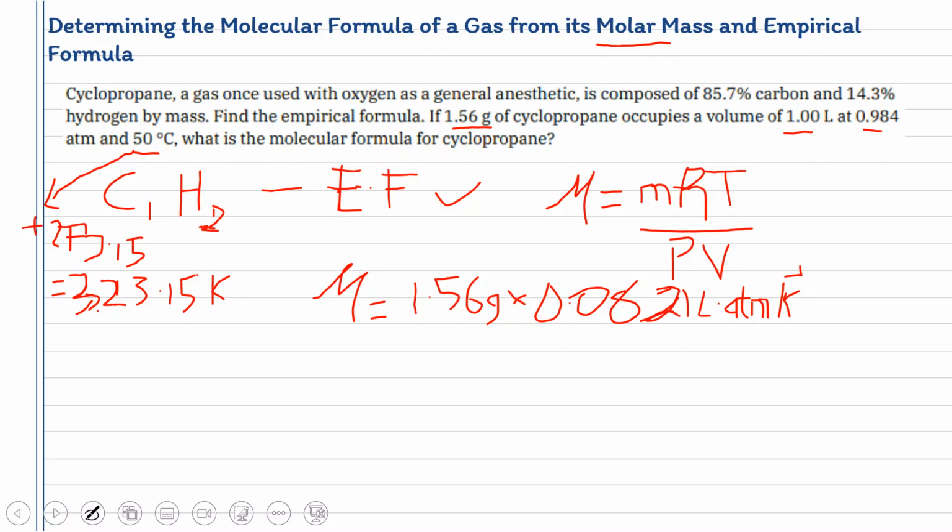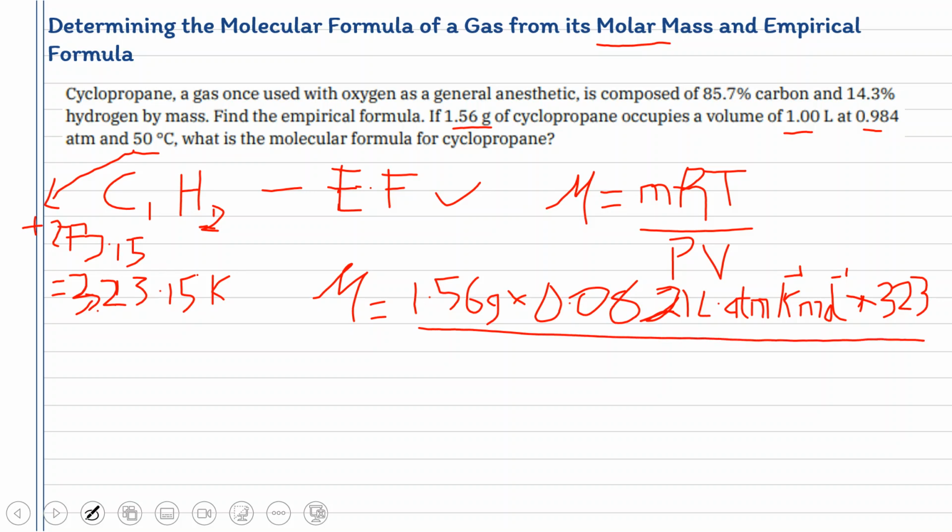You don't have to write all of these units, but I'm writing them because we're going to divide them by each other. I'll multiply this by your temperature. What was our temperature? 323.15. I don't have space, so I'm just going to write 323 here, but it's 323.15 Kelvin.